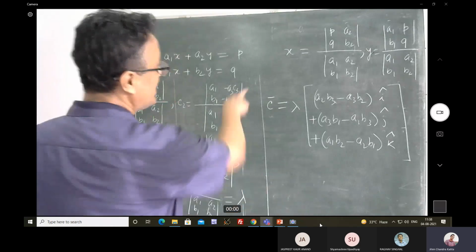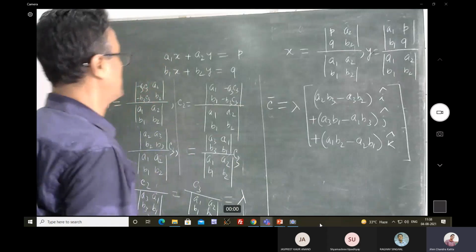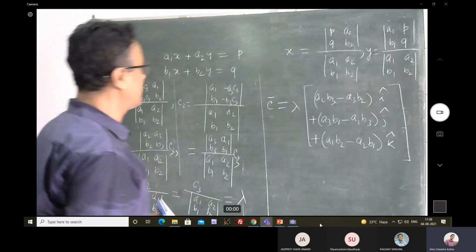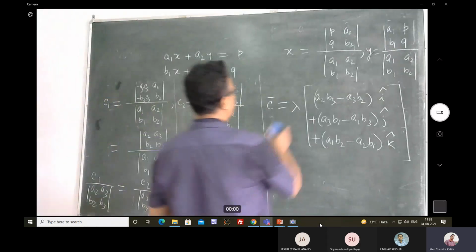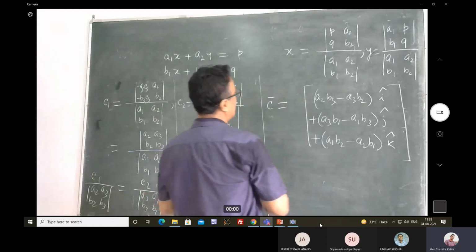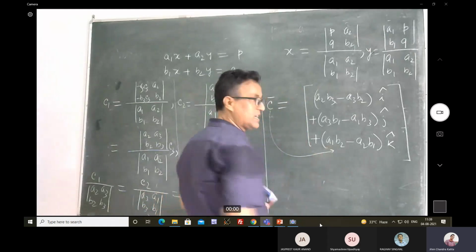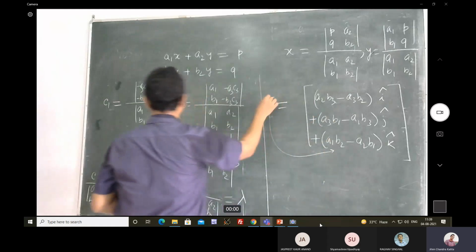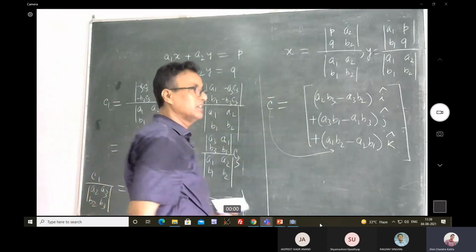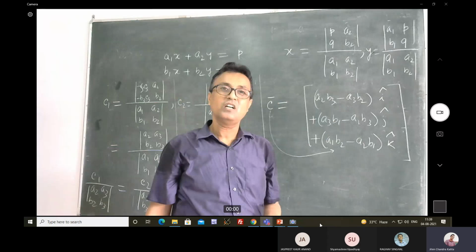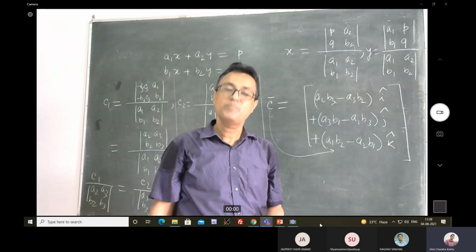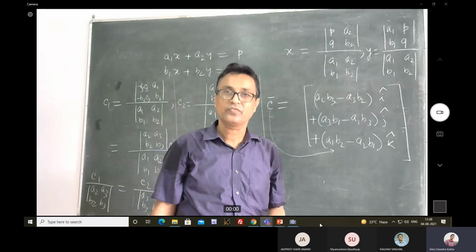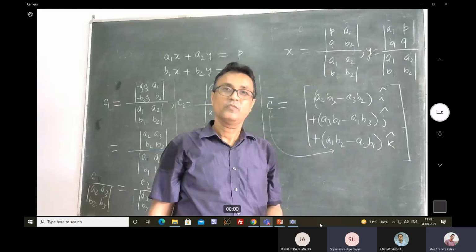So that is why I'm assuming lambda to be non-zero. Obviously, if lambda equals 1, I can get a vector C defined by this, and I know that the vector C is going to be perpendicular to both A and B. Is it okay? Fine.